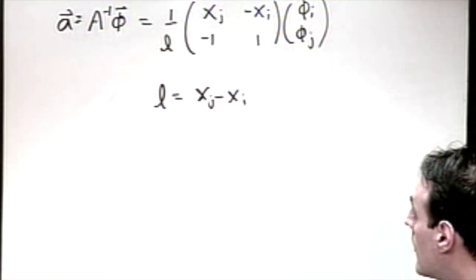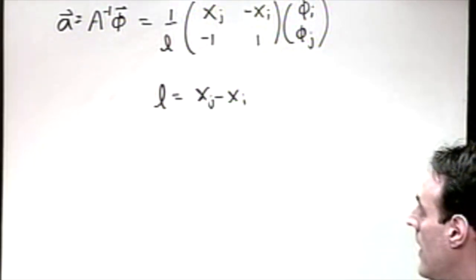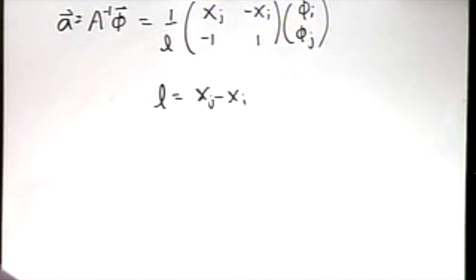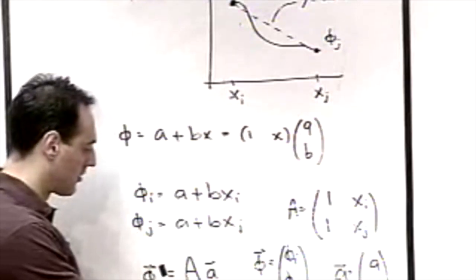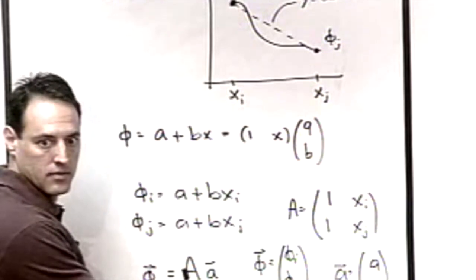Now, that's what a is, and once we have that, we can think about this thing here. Any point phi is just matrix A times vector a.